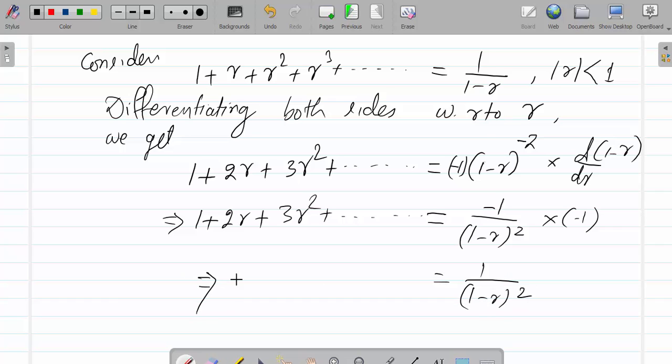And the left side will be 1 plus summation n equal to 2 to infinity, n into r to the power n minus 1.